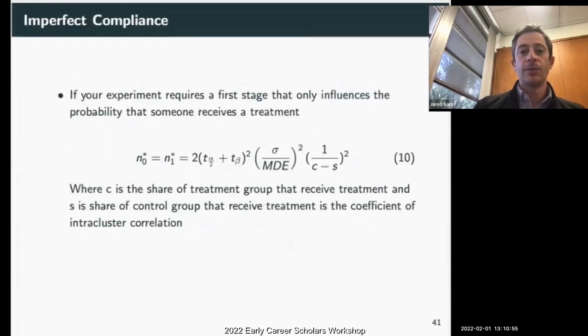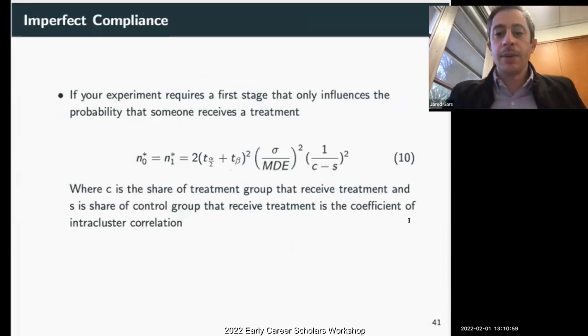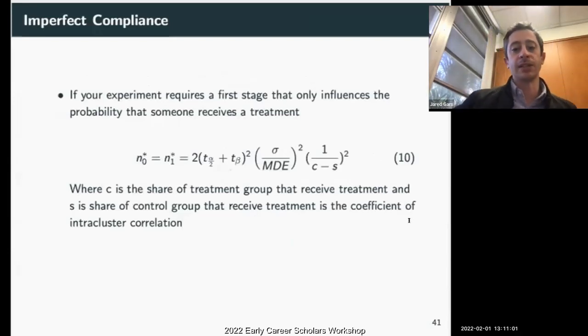Another problem that arises in experiments is the possibility that compliance might not be perfect. And this should be taken into account when you're determining your optimal sample size. This is actually quite a big problem when you're not doing natural field experiments, and even in natural ones where people are selecting into treatment, you really have to take compliance into account when determining your optimal sample size.